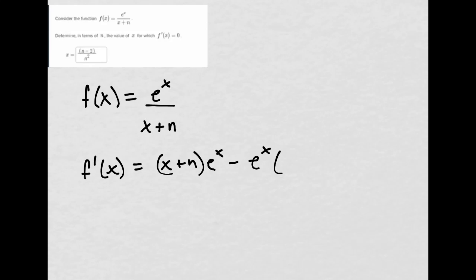Well, x is our variable, n is just some number, so the derivative of this is just 1. The derivative of n is a constant. This is our variable, so the derivative of just x is 1. So low d high minus high d low all over low squared.